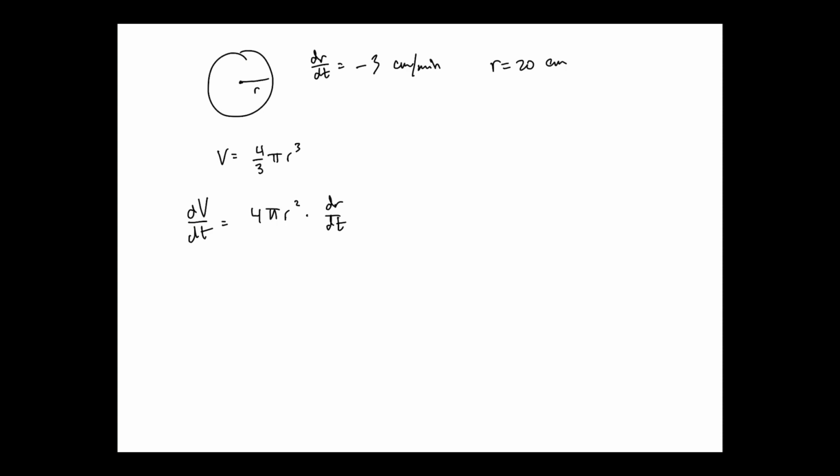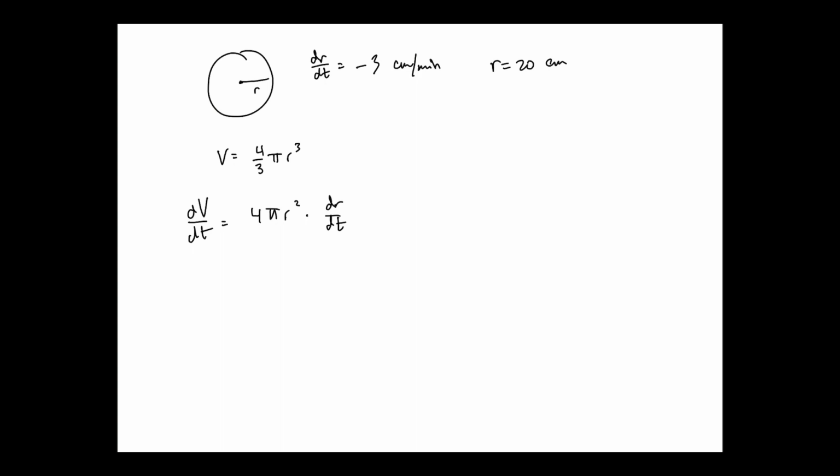What forced that? R depends on t, and the chain rule says we have to do that, right? Because what did we just take the derivative of? R cubed. So what's the derivative of something cubed? 3 times something squared, times the derivative of the something by the chain rule.